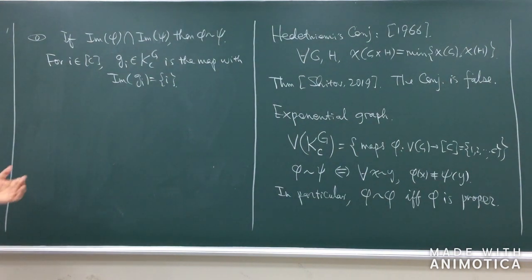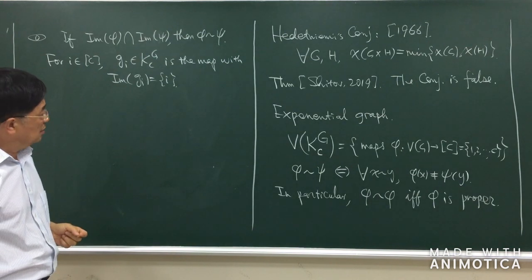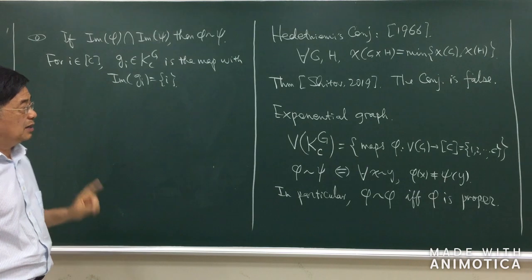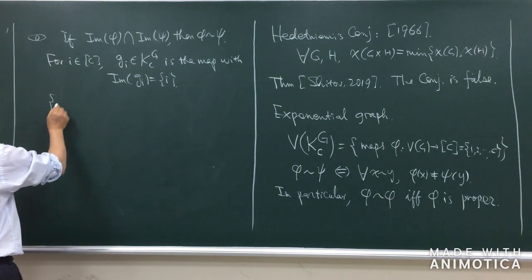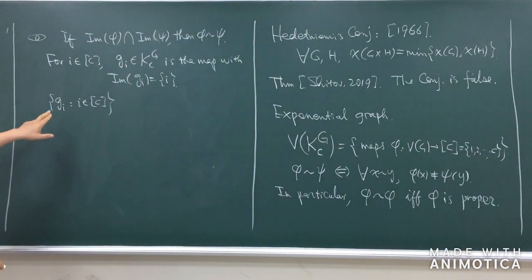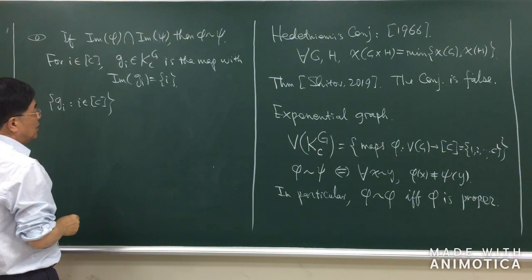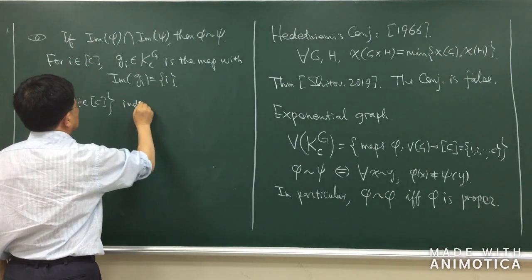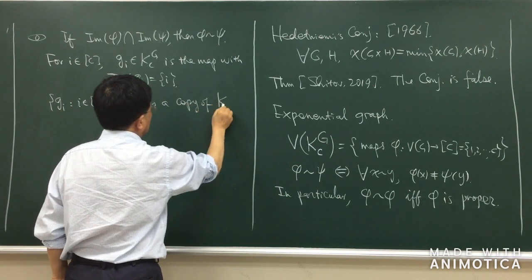I said each vertex here is a coloring of the vertices of G by colors from c, and g_i means coloring all the vertices by the same color, that is, color i. Now, for different colors i and j, g_i and g_j are adjacent because their images are disjoint. So this is a set of pairwise adjacent maps, which induces a copy of K_c, a complete graph.